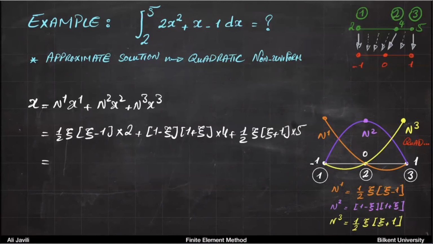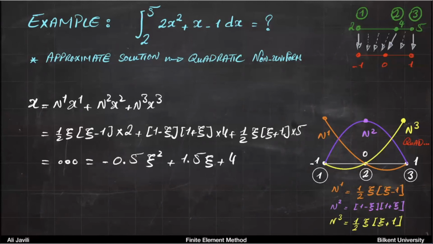Now, if you simplify that, you get, let me write it as minus 0.5 for simplicity, minus 0.5 c squared plus 1.5 c plus 4.